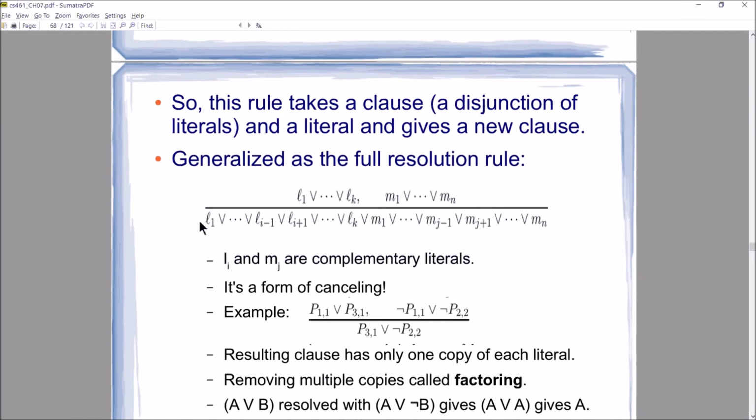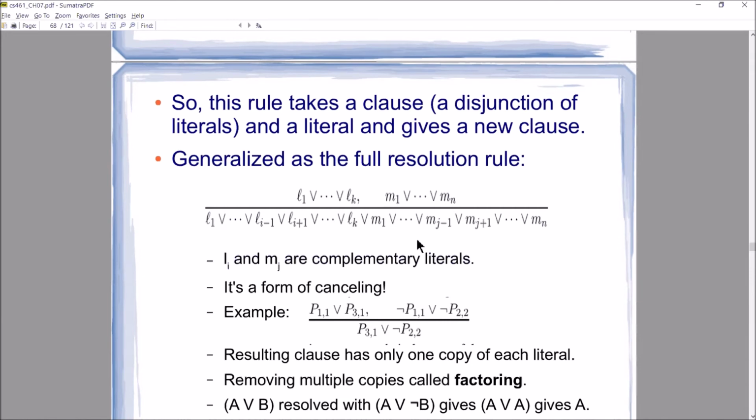So this is just saying, all right, cool, literal 1 up through literal I minus 1, and then literal I plus 1, keep on going up through K, right? So all of the things that were canceled were in between literal I minus 1 and literal I plus 1. But you can have this other series of literals that were complementary, right?